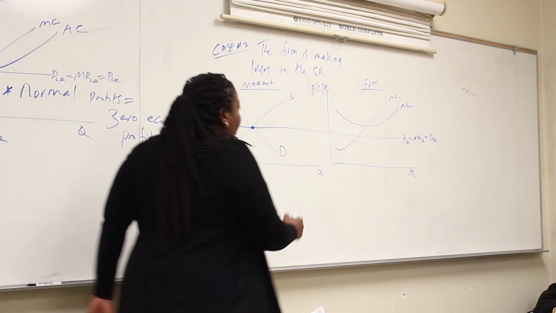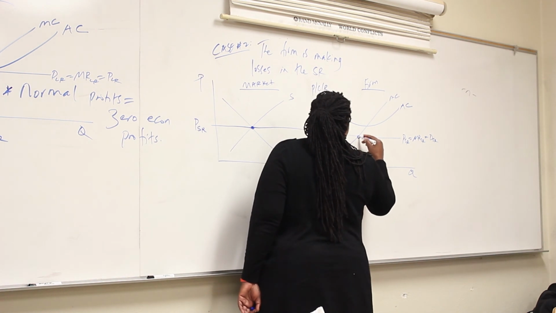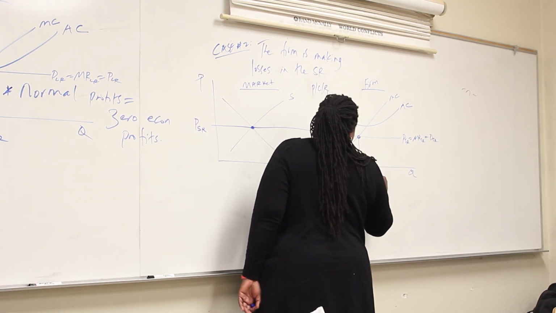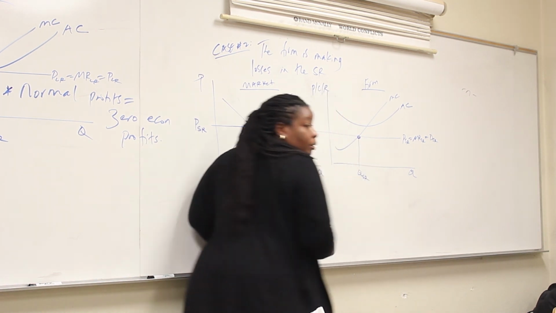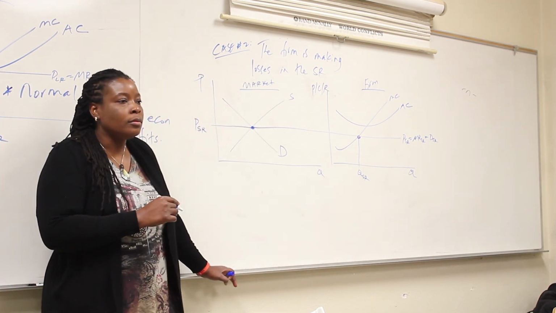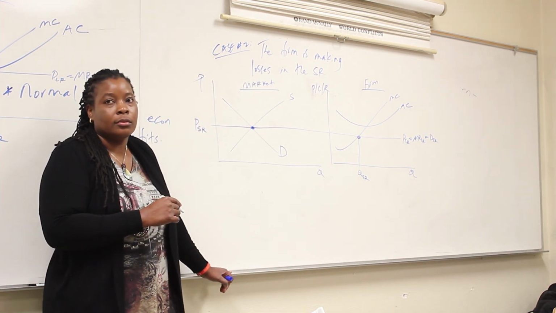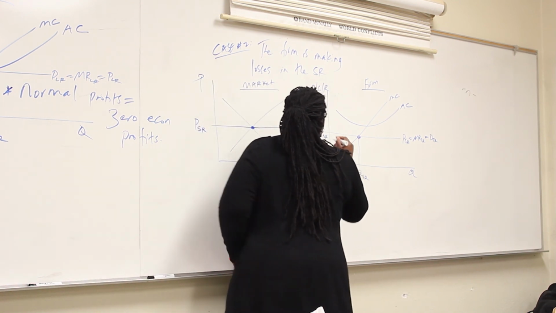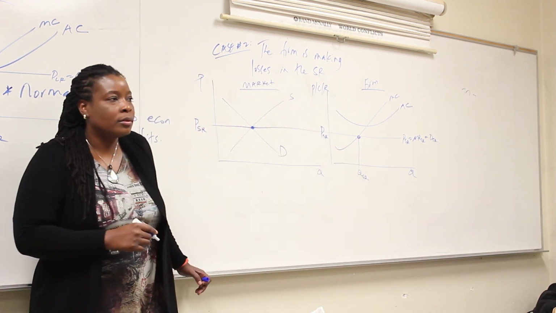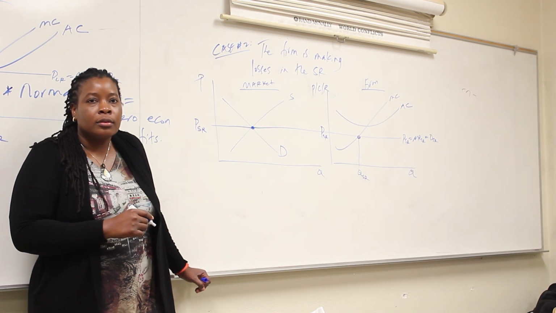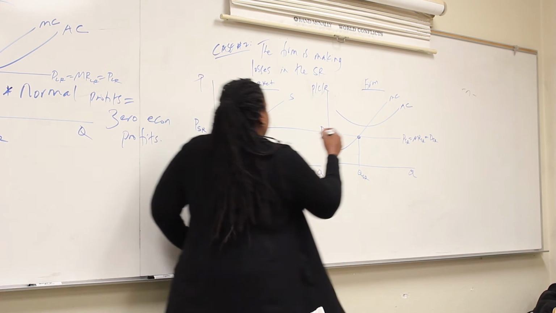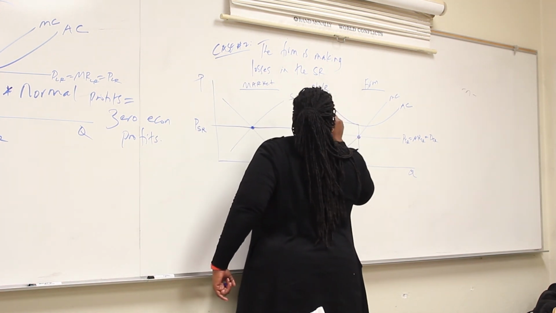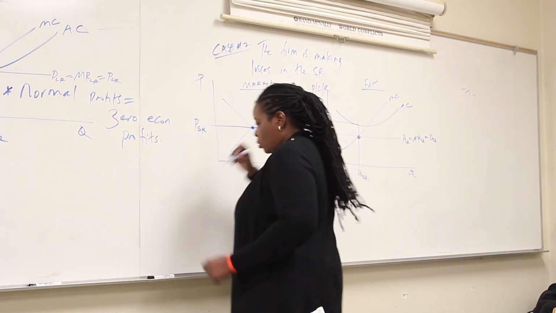Profits are maximized where MR equals MC. We have our price, because they're price takers, and then I need my cost. And the firm is losing money.